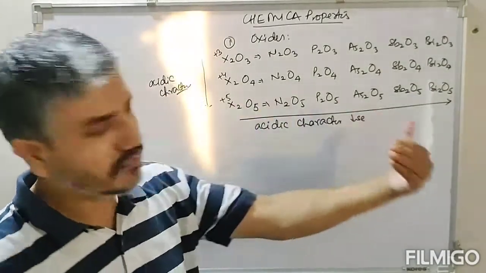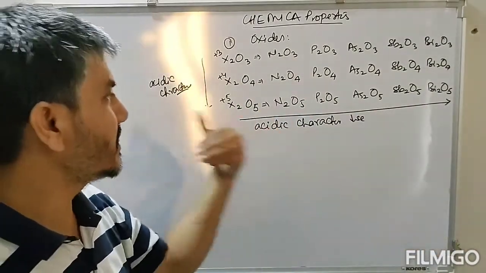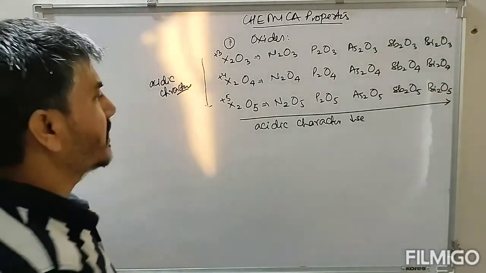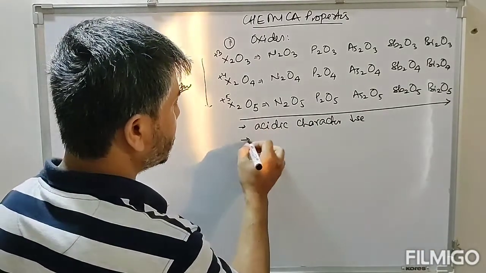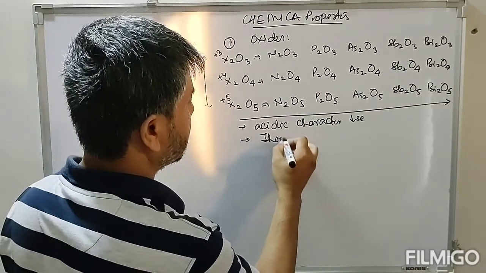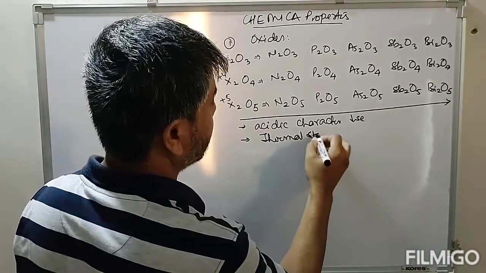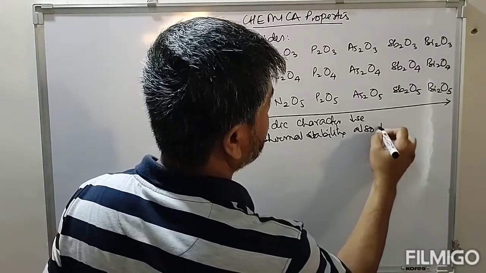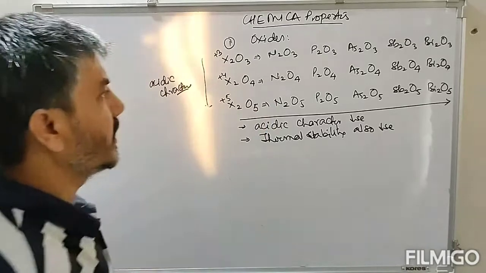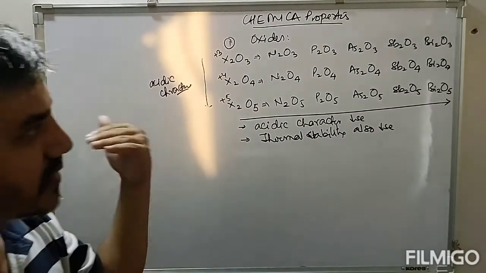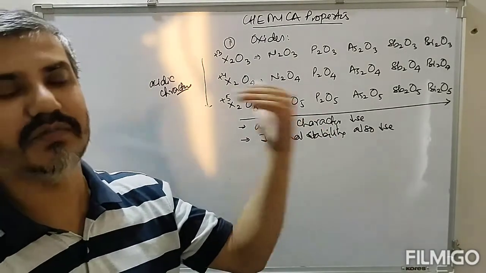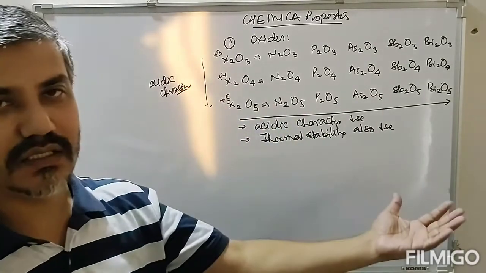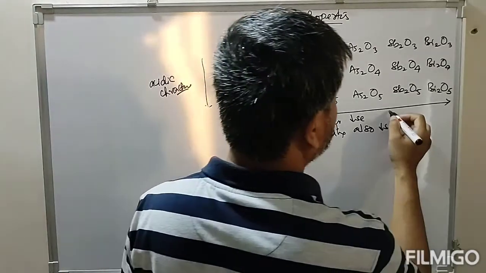Again, moving from nitrogen to bismuth in any of these series, as the electronegativity decreases, thermal stability also decreases. So in any particular series moving down the group, thermal stability of that series of oxide decreases due to decrease in electronegativity.